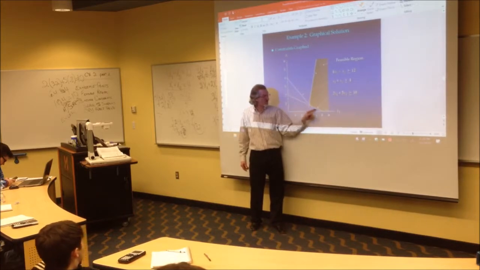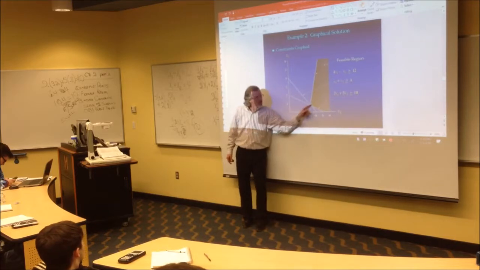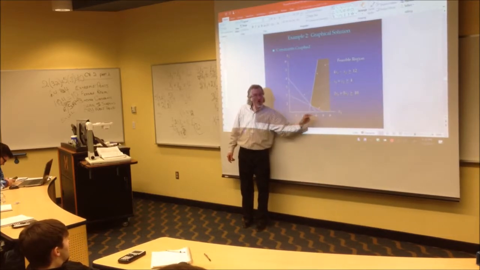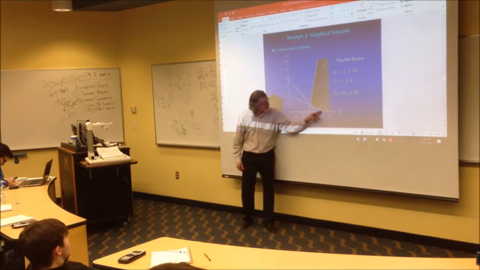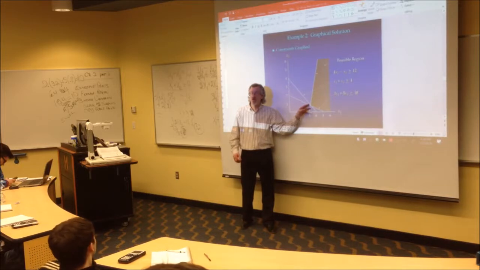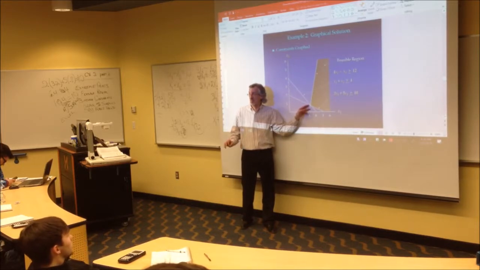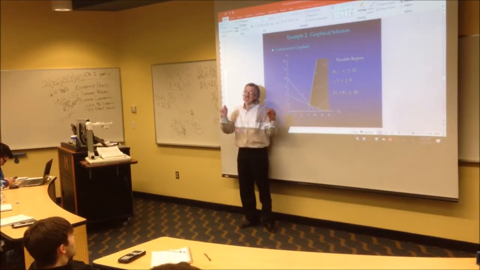And there's only three of them here because there's no lines crossing out here anymore. And then those three points, one of them is our optimal solution. And whichever one of these three points, or however many extreme points exist, whichever one ends up being our optimal solution, the constraints that are forming that point are the binding constraints.